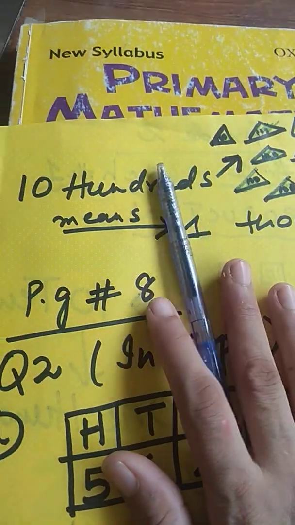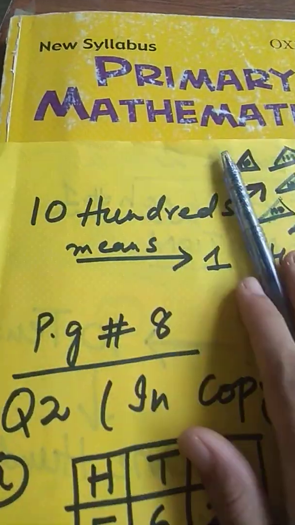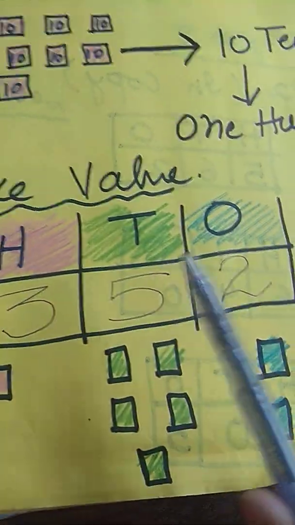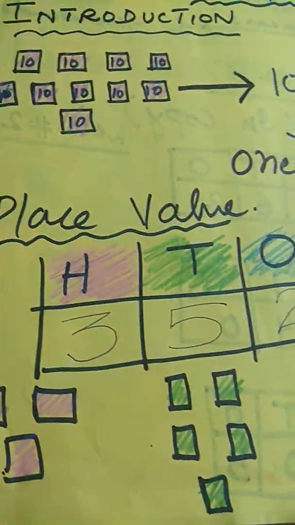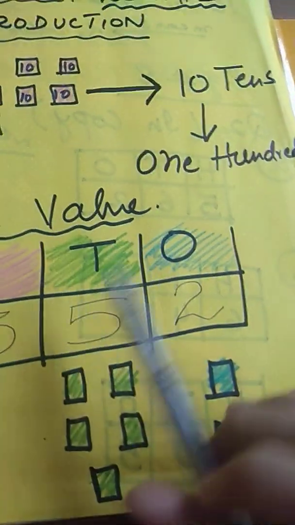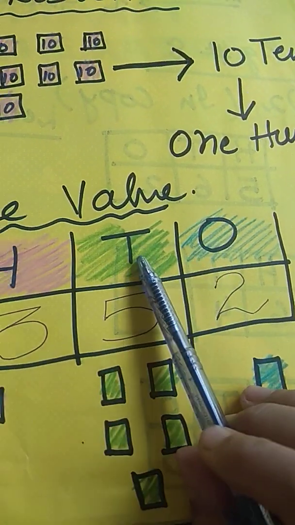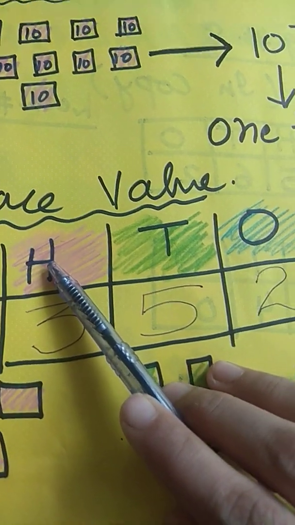Actually, this is related to your counting which you have done in the previous classes, but I want to give you the review. And then you have the place value. The place value table must start from the ones position. Ones, tens, 100. Alright.